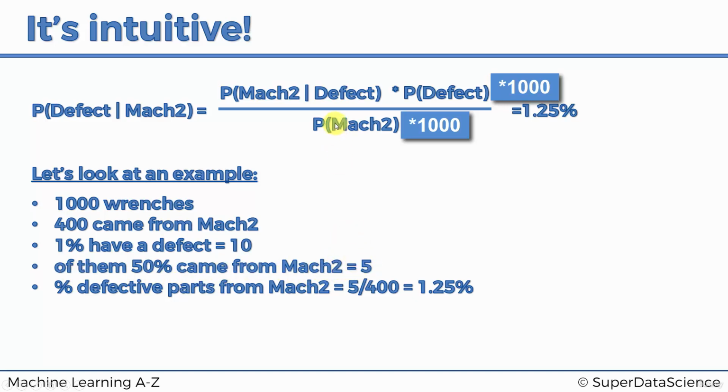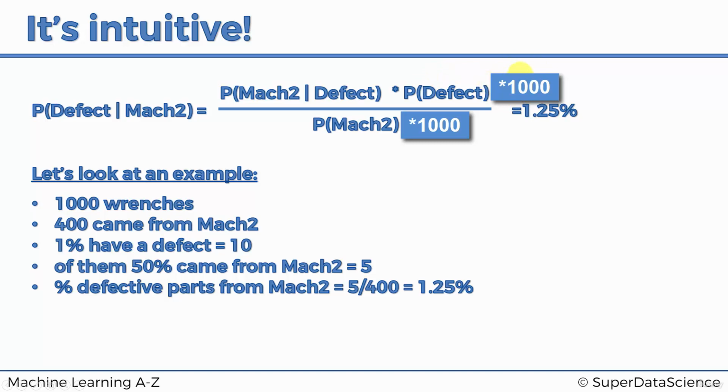This line is us performing this operation here. We're saying the probability of a part coming from machine 2, given that it's defective, is 50%. So to get to this, we took 50% and multiplied it by 1% times 1,000.